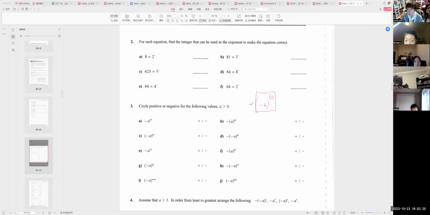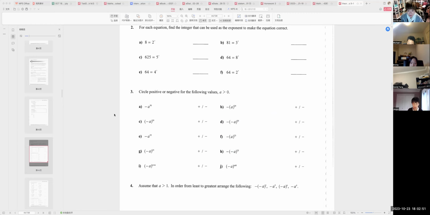So negative 8 to the power 30 is a negative number or positive number? Positive. Very good. So negative times positive equals negative. Get it? But this one, negative 8 to the power 25 is a negative or positive? Negative. So negative times negative equals positive. Positive. Get it?